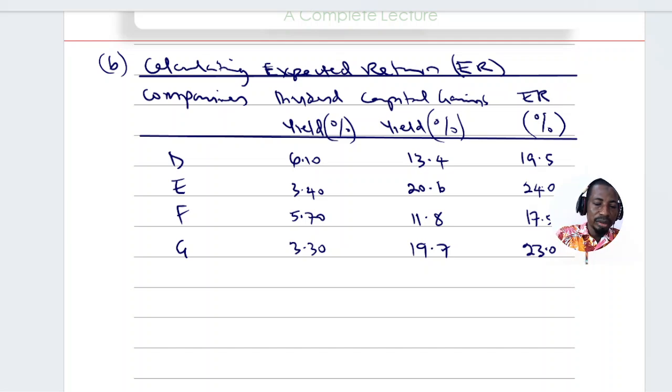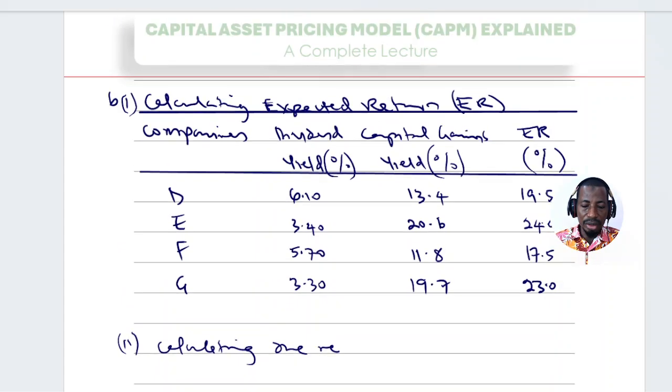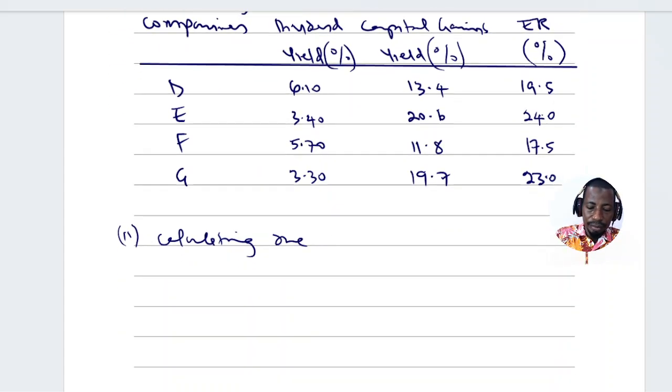So after we have done with the expected return, this is B1, step 1, then step 2. We need to calculate the required return. Required return, which is CAPM.